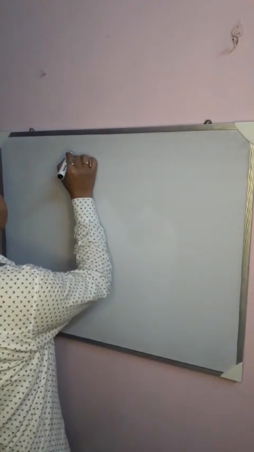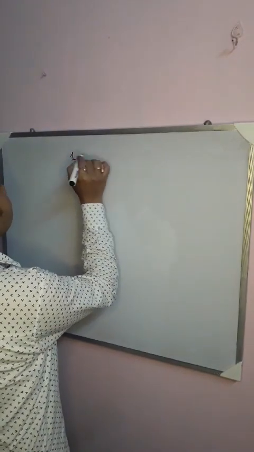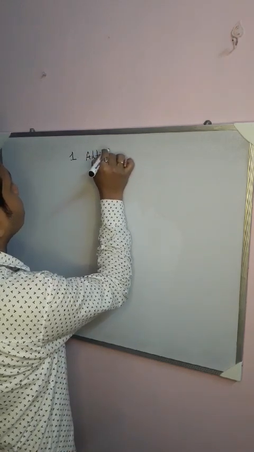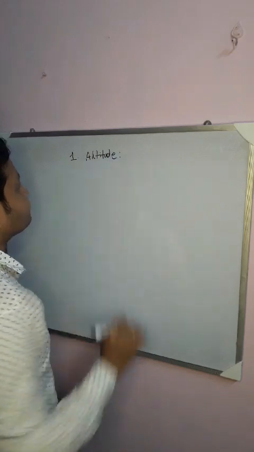So let's proceed. We have first told that acceleration due to gravity at first depends upon the altitude or height. So how?